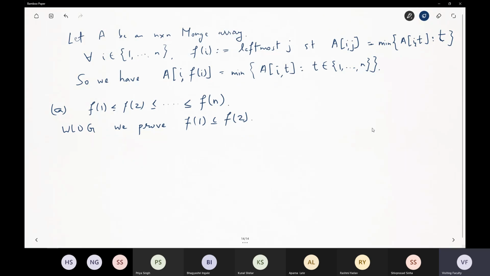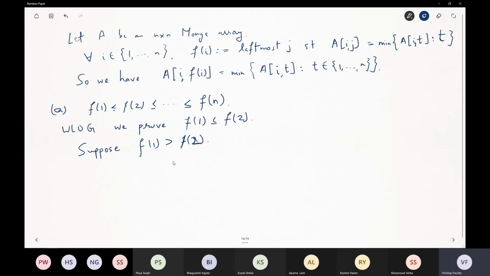Suppose this is not true. Which means f of 1 is a greater element than f of 2.